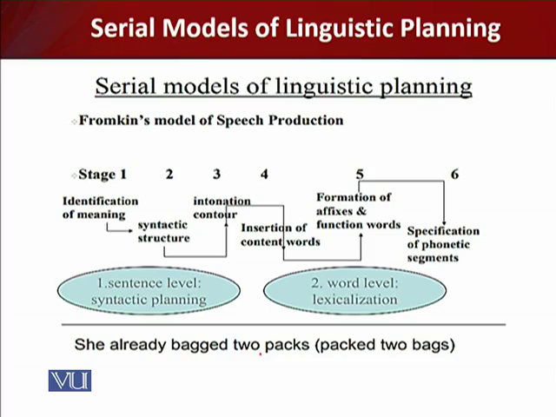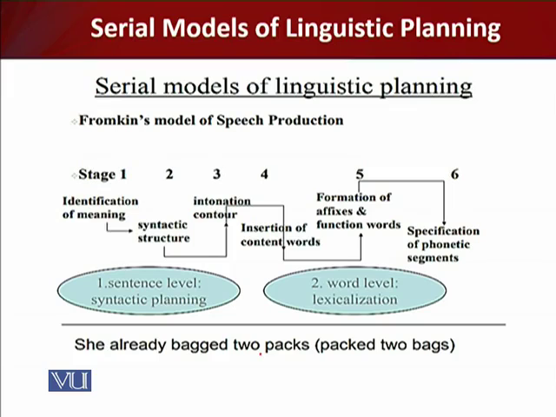The example "she's already trunked 2 packs" was given by Garrett, but here we have "she already bagged 2 packs" instead of "packed 2 bags." At stage 1, the meaning of the overall utterance is identified.